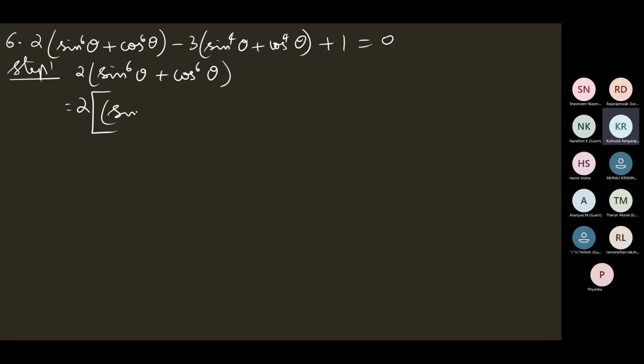Now you always want to write sine square theta. You don't want to write sine cubed theta because you know that sine square theta plus cos square theta is 1.